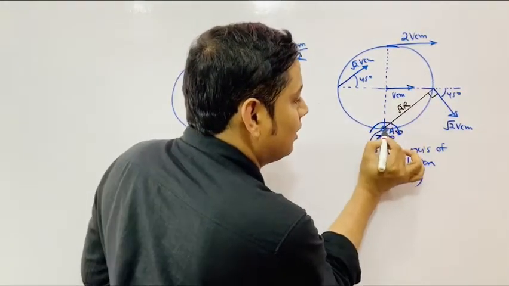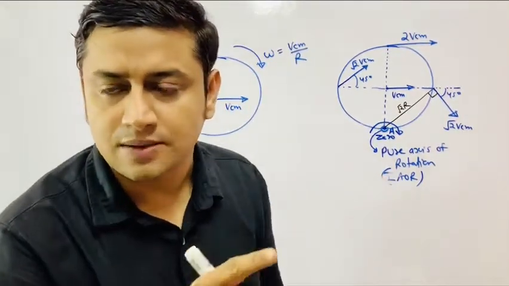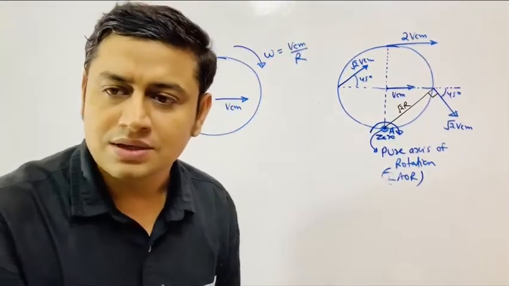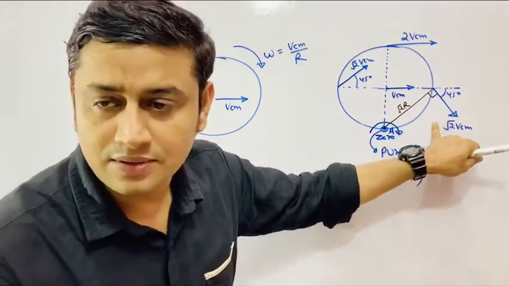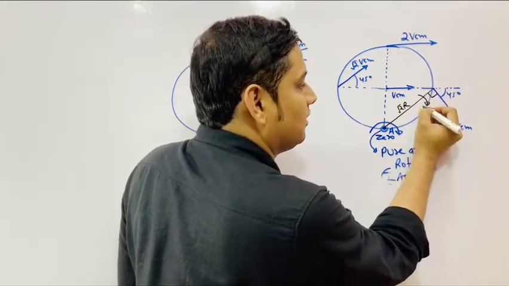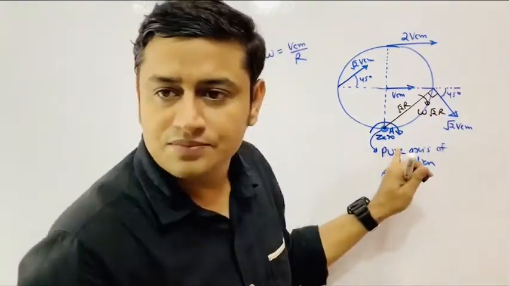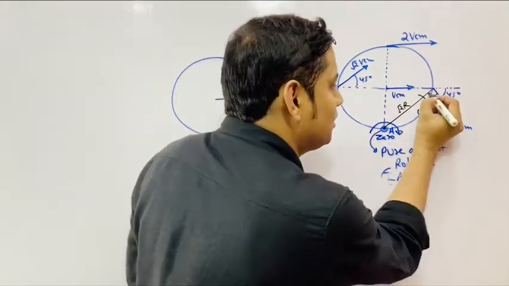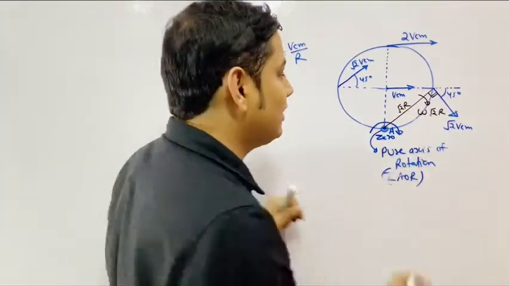Because in purely rotational motion, the velocity of any point is equal to omega times the distance of that point from this axis, and the direction is perpendicular to this radius vector.